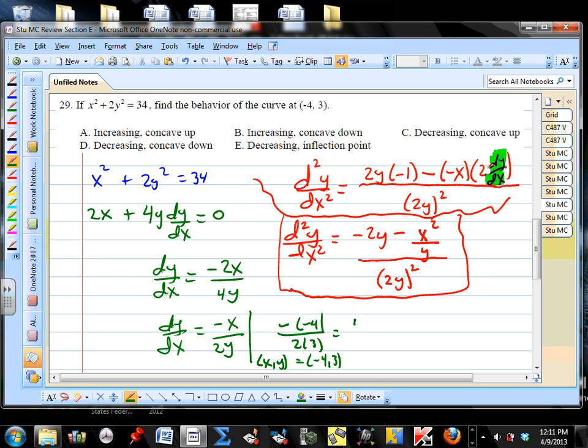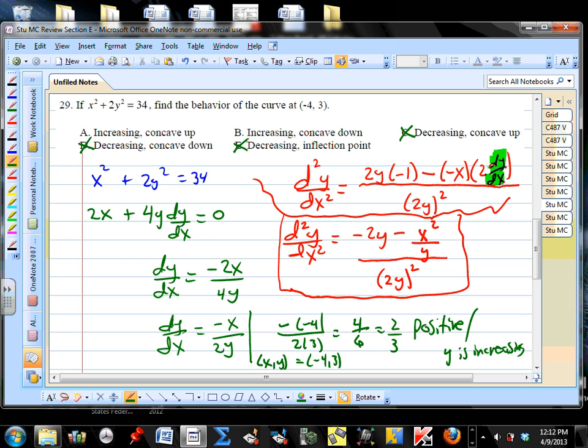A negative times negative is positive, 4/6, 2/3. We don't care so much about the number as much as we say that the first derivative is positive here at the point -4, 3. So that means our function is increasing. So let's see. A is a possibility, B is a possibility, C is out, D is out, E is out.